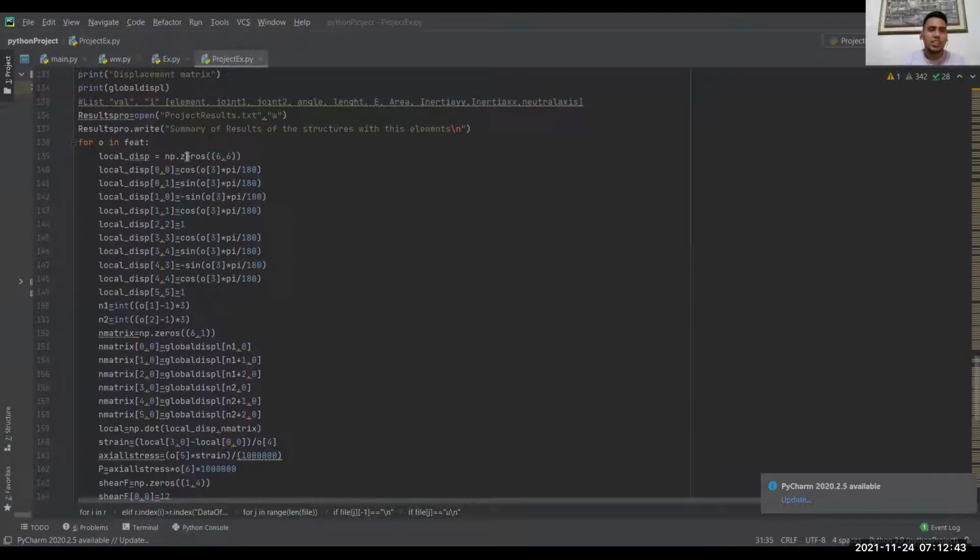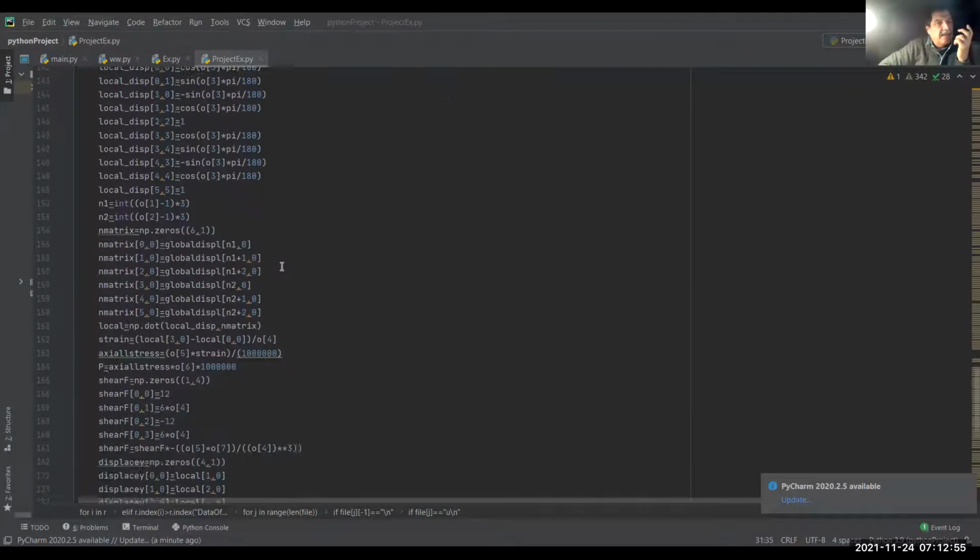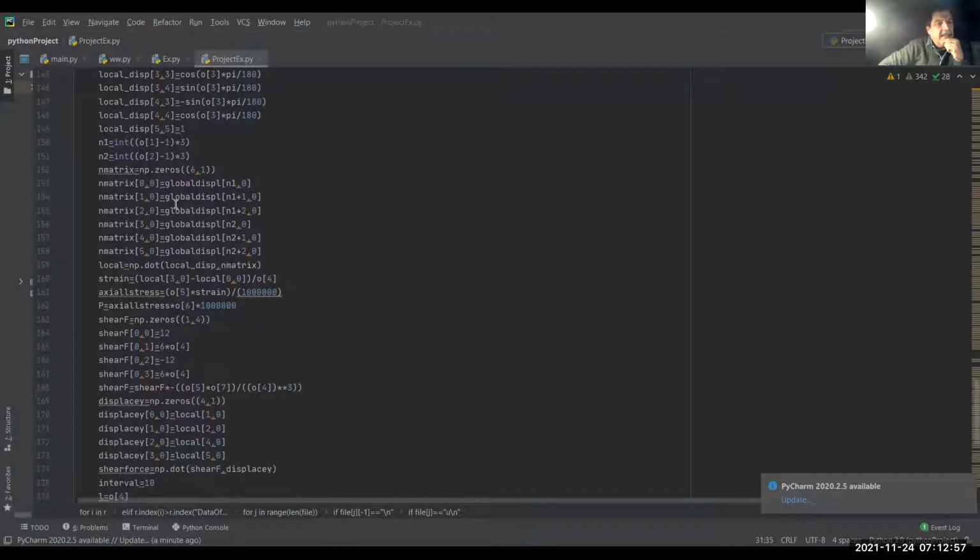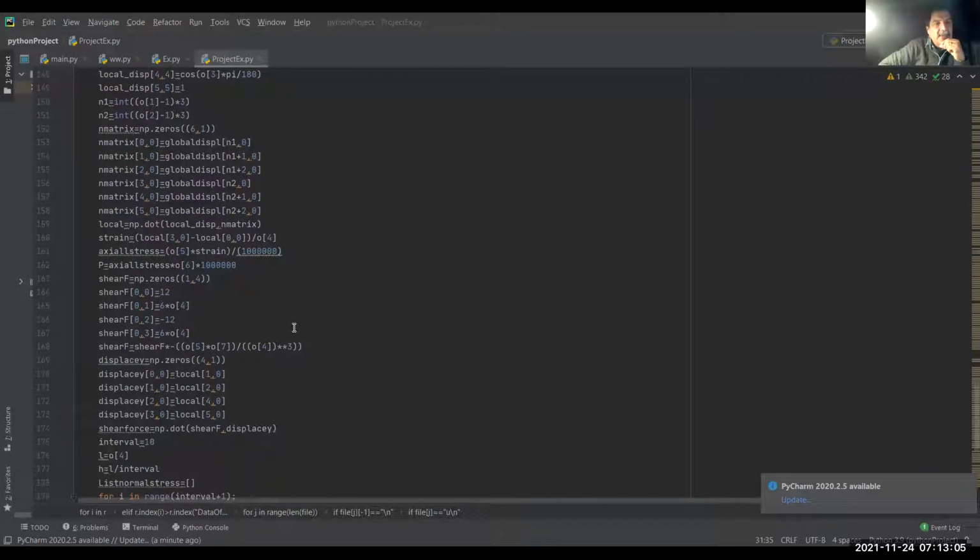This is the conversion to local. Yes, but where do you calculate the displacements in general? This is converting the global to local.